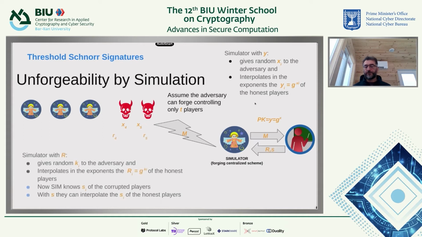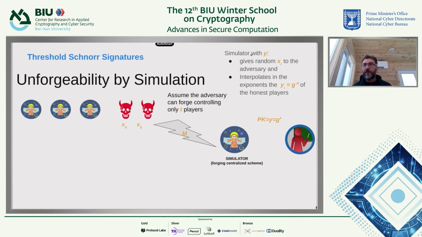Very important: the simulator is going to set up this fake simulated network to run on the same public key that it received from the challenger. So by doing this interpolation in the exponent with these 2 random shares given to the adversary, the network will run on public key y.